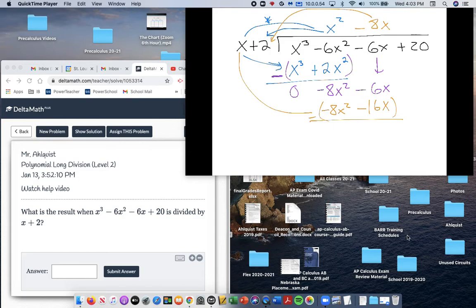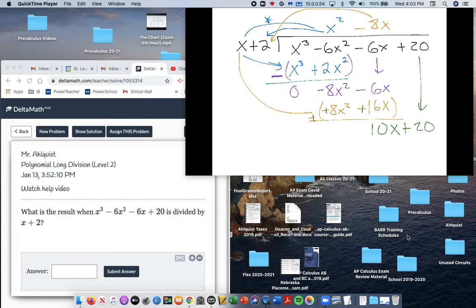And if we do negative 6x minus negative 16x, because notice that these would be added now because of that subtraction being distributed through, this is 10x, and we bring down the 20.